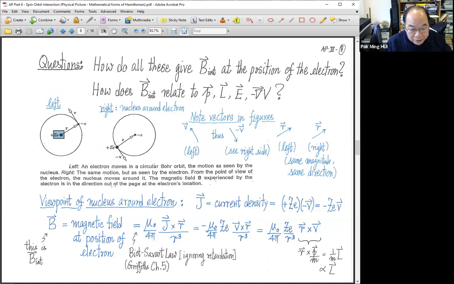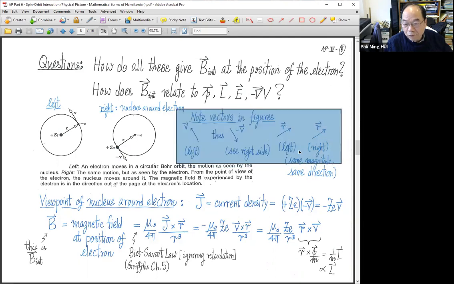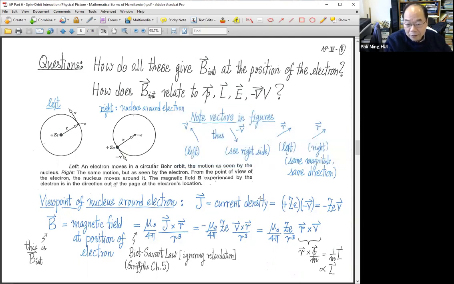So the nucleus is moving in the other way. At this instant, the nucleus is moving this way, all right? When we call this v, this is minus v. And then I retain this r vector pointing from the nucleus to the electron. So it's the same r here, okay? I just want to emphasize this so that you can follow the cross product better.